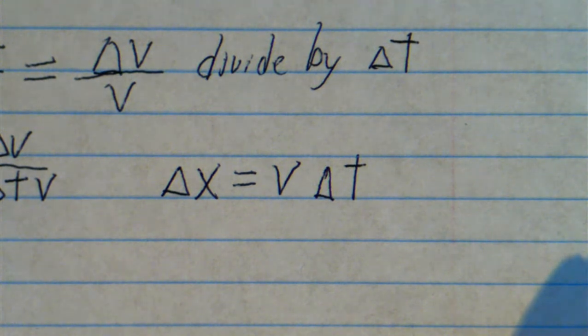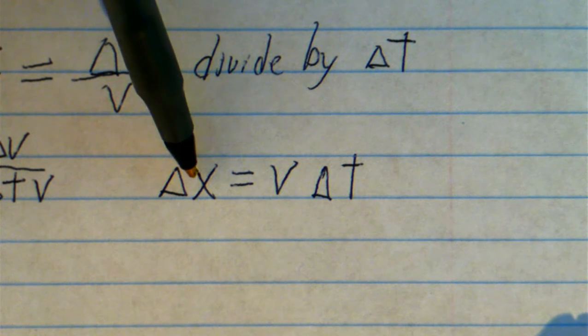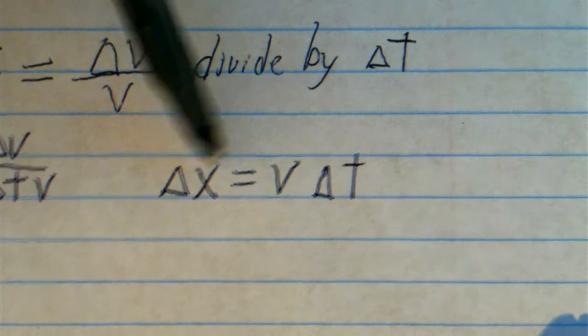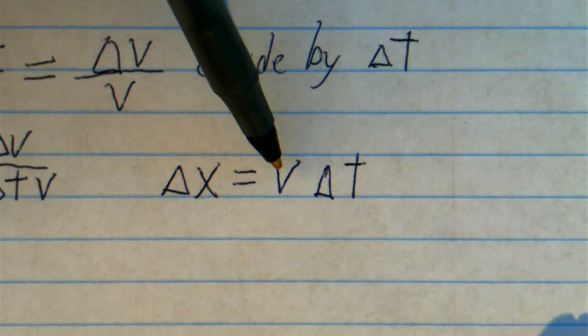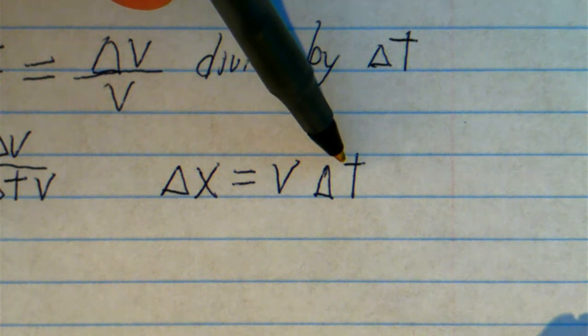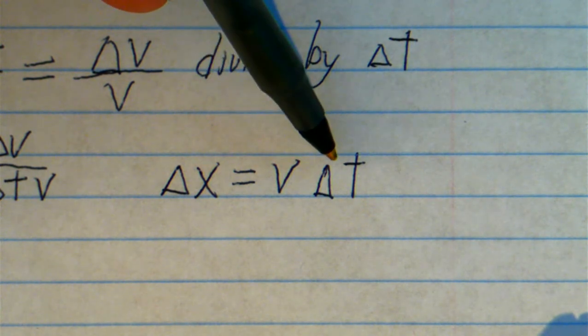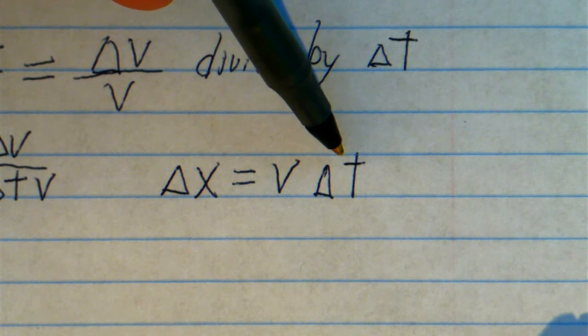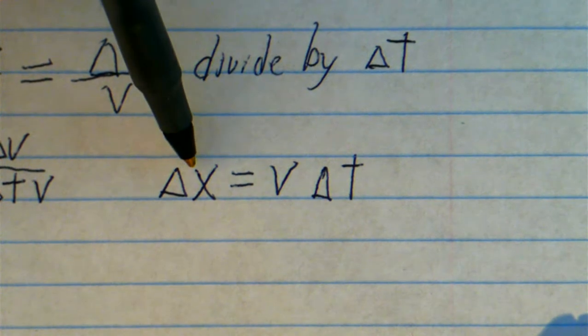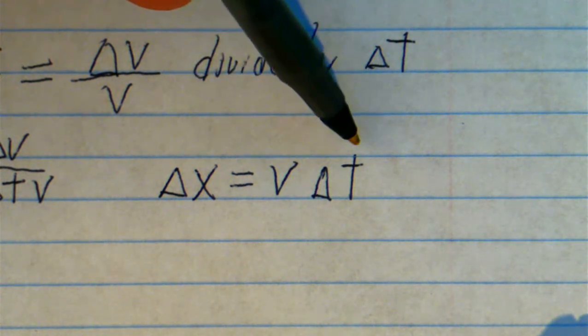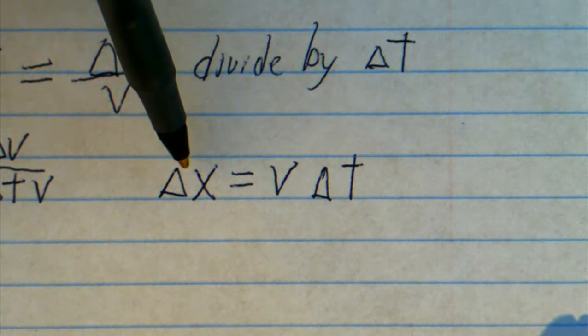You were just moving in a straight line. And it says, in a straight line, the distance you travel is the product of your speed times time. For example, if I was walking at 2 meters per second and I walked for 5 seconds, then I walked 10 meters. 2 meters per second times 5 seconds is 10 meters.